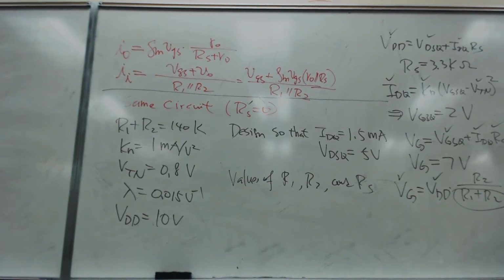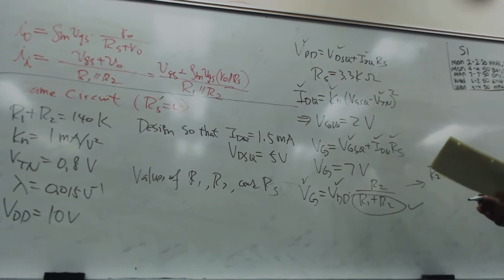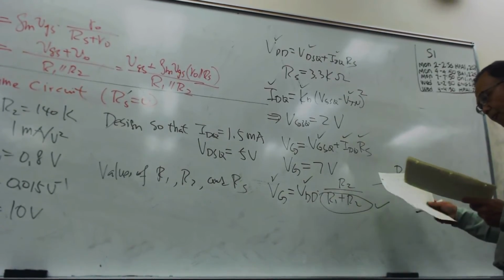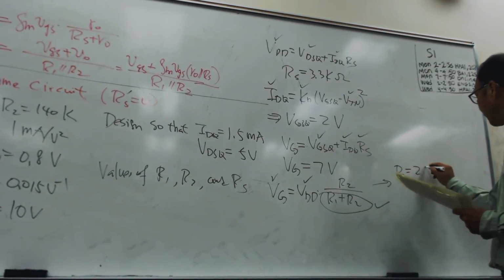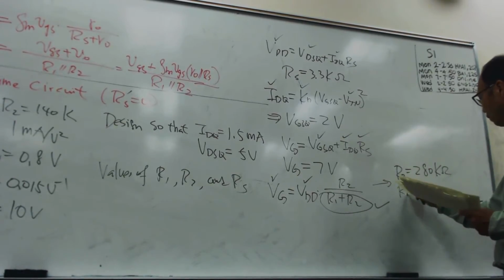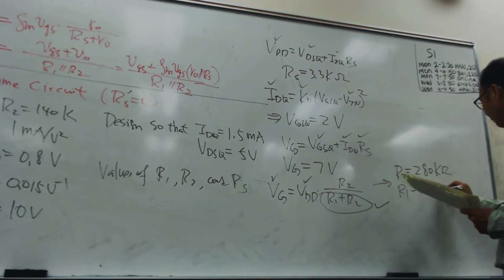Correct? So therefore, you can find R2. And I got R2 equal to 280K ohm. And then once you know R2, you know R1, huh? So R1 is about 119K ohm.